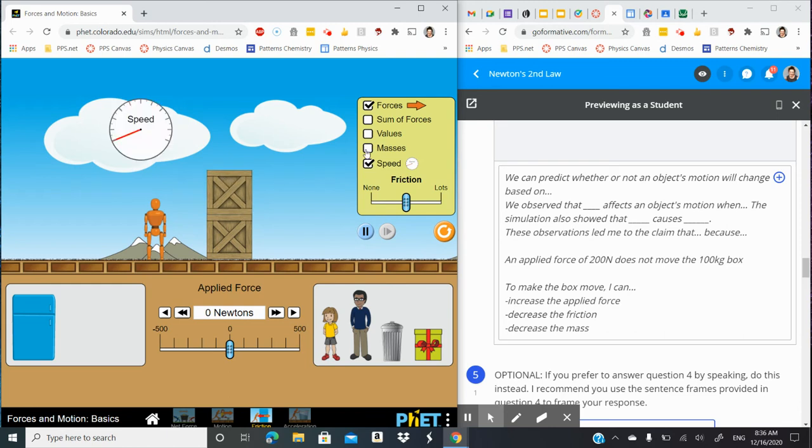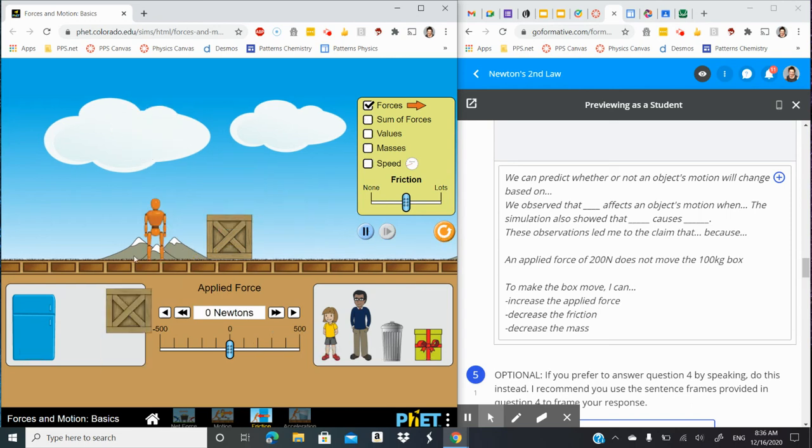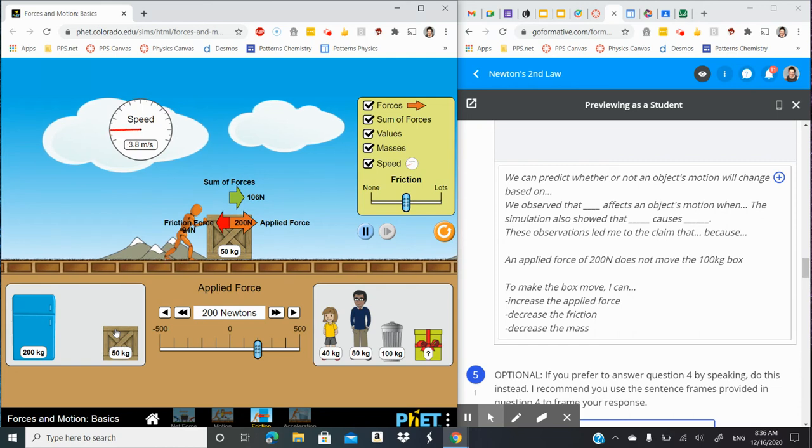We could decrease the friction to get it to move. And I have to reset everything. Okay, or we can decrease the mass. So these are 3 ways that we can get this object to move.